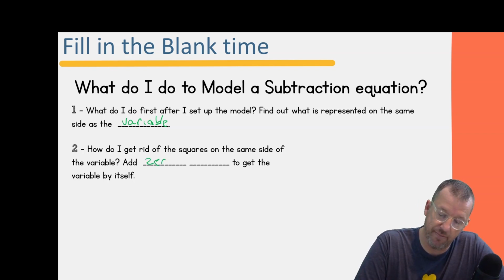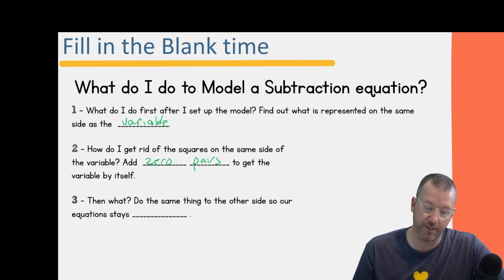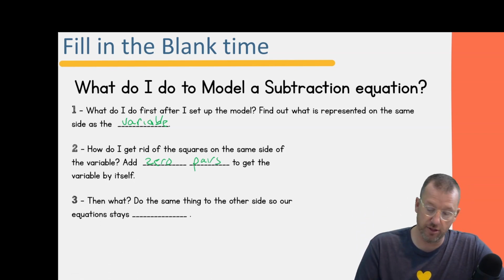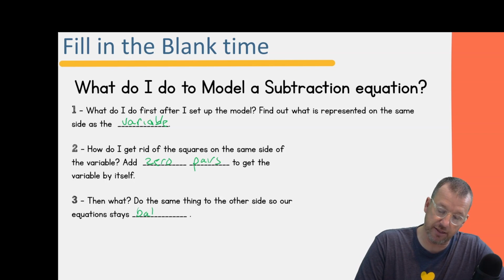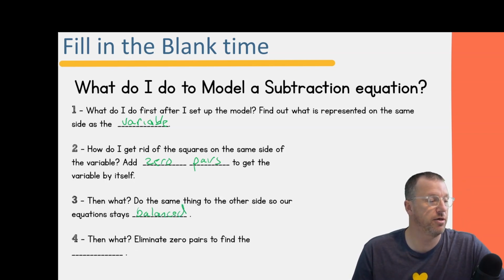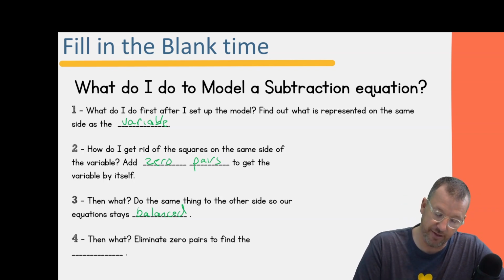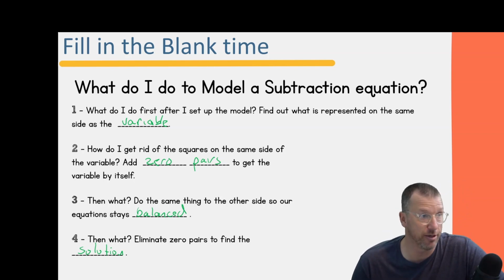So we added a +3 to both sides. Okay, I have to do the same thing to the other side of the equation to make sure it stays balanced. Fill that in. And then also, what? Eliminate 0 pairs to find the solution.